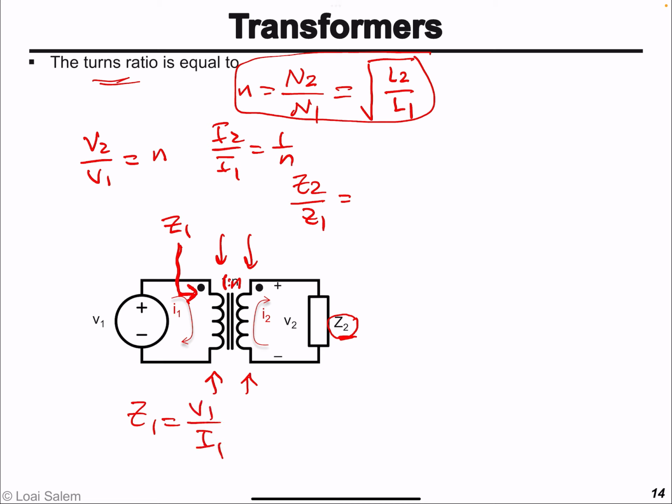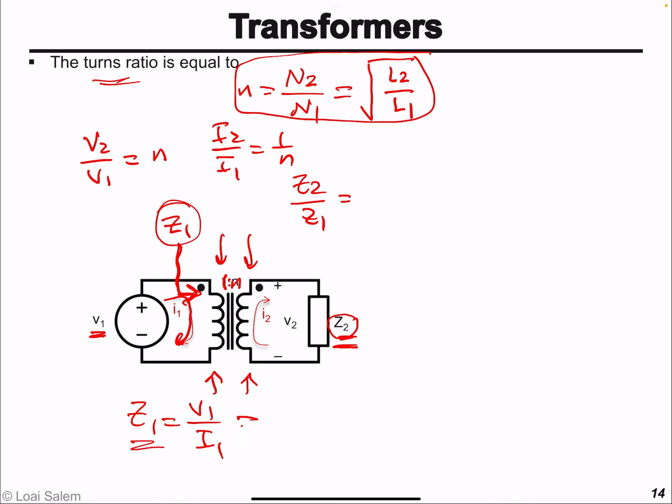You have a current flowing in the primary side as well as a voltage applied, so the ratio between the voltage and current gives you the impedance. Z1 represents the equivalent impedance of Z2 as seen through the primary side.